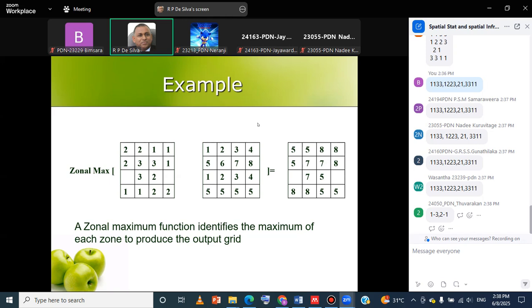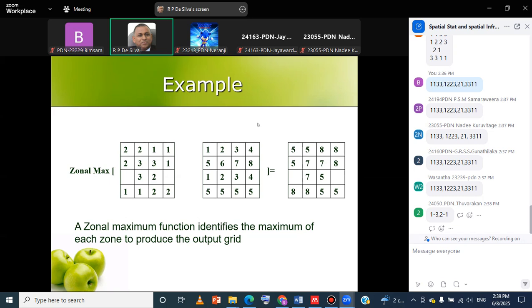Then zone 2. What is the minimum value in zone 2? 1. So all the 5 cells in zone 2 should be filled with 1. So zone 1, every cell filled with value 3. Zone 2, all the cells filled with value 1.